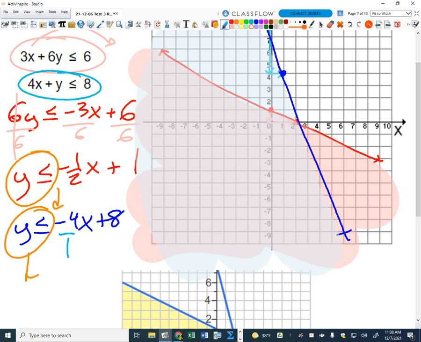We can see that the boundary lines that define the overlapping region, we need to include those, so we'll make them purple. How about? There's one boundary, there's the other boundary, and everything in between gets shaded.